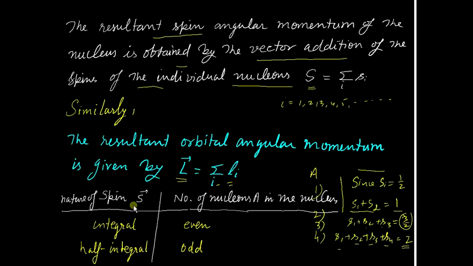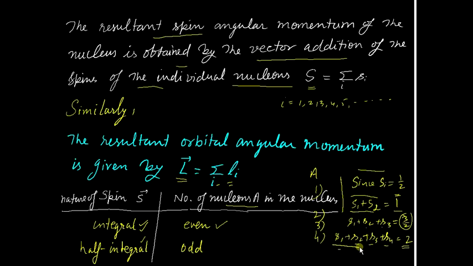Now the nature of spin S, it will be integral or half integral. It depends on the number of nucleons in the nucleus. If the total number of nucleons in the nucleus is even, then the total spin angular momentum will be integral. As you have seen here, there are 2 nucleons, this is 1.